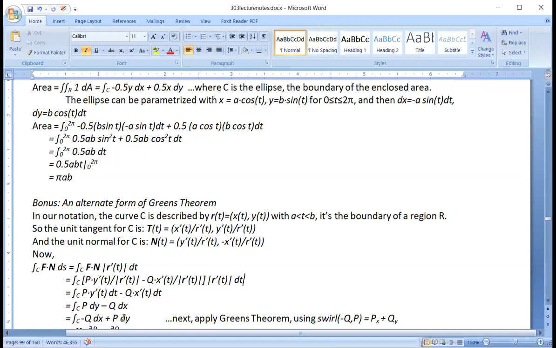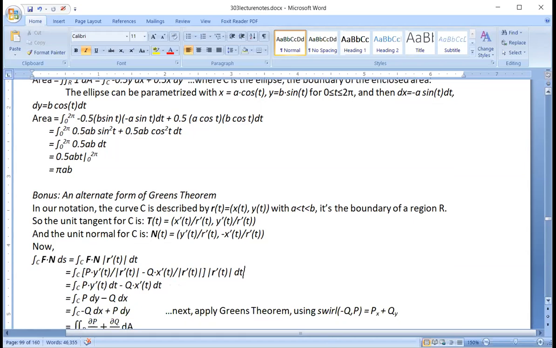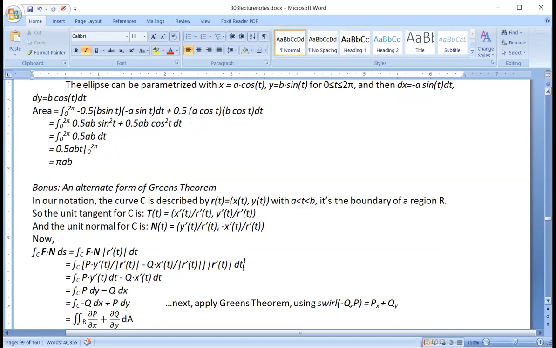So the swirl of negative Q comma P is dP/dx minus negative dQ/dy. So that just tells us this is equal to the double integral over the region of dP/dx plus dQ/dy, and then all of that dA, by applying the original version of Green's theorem.